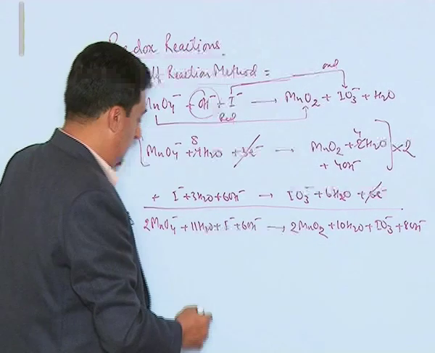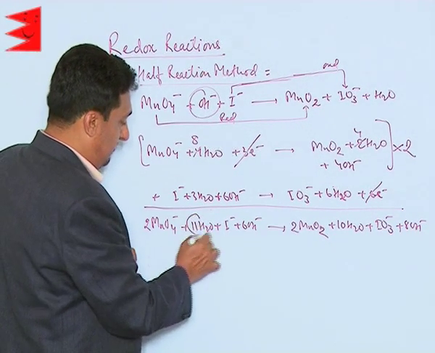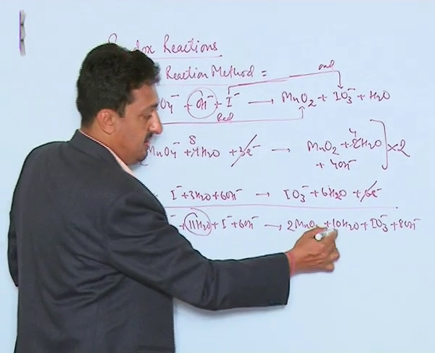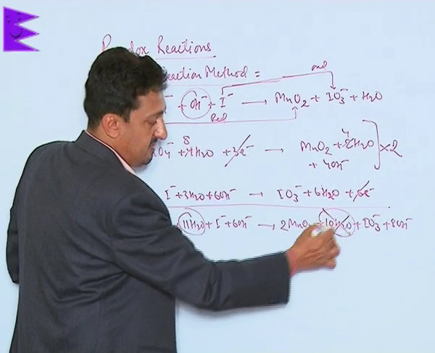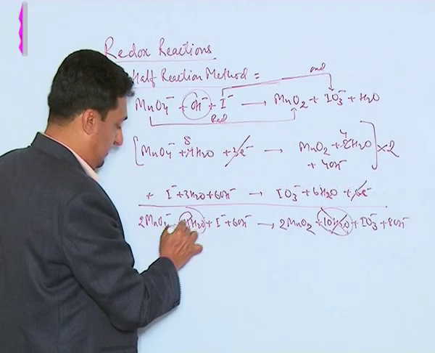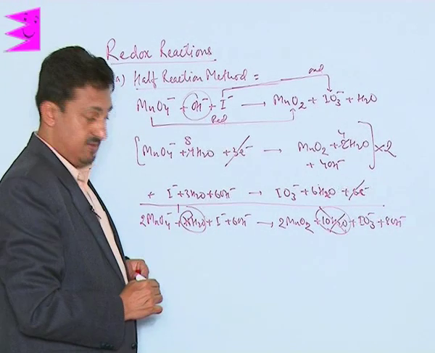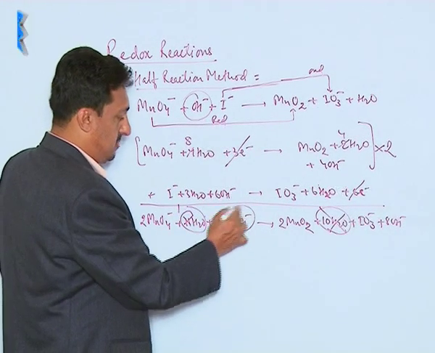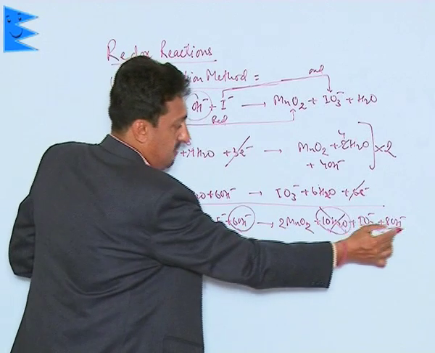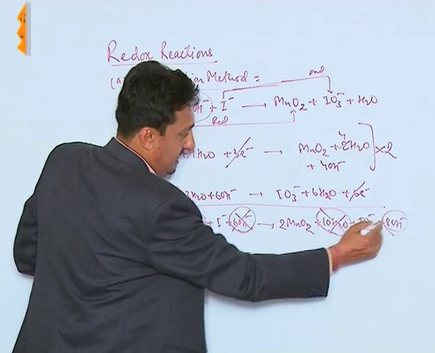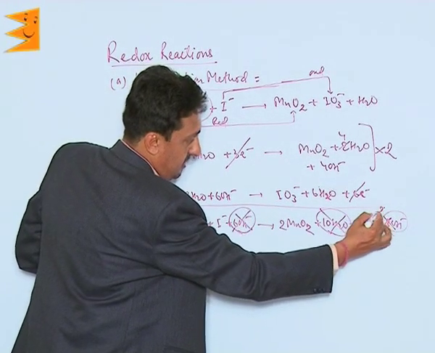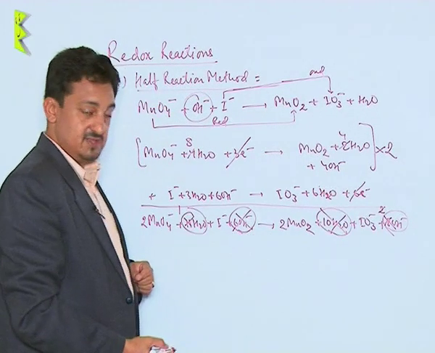Now, there are 11 water molecules on the left getting consumed, 10 are formed, so this gets cancelled, leaving behind only 1 water molecule. Whereas 6 OH minus are consumed, 8 are produced, leaving behind only 2 OH minus on the right hand side.